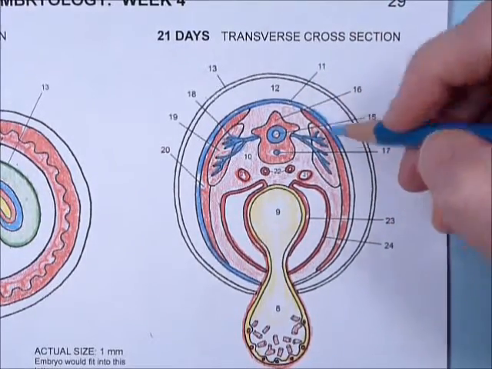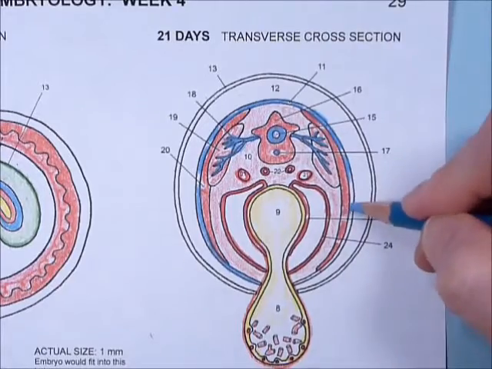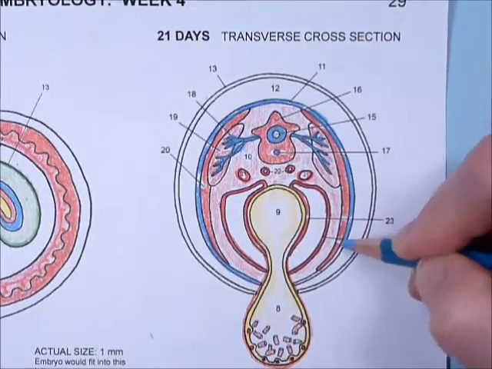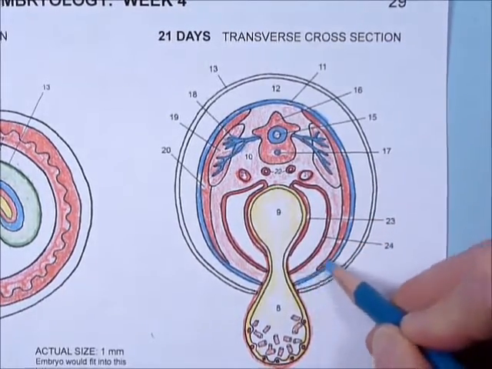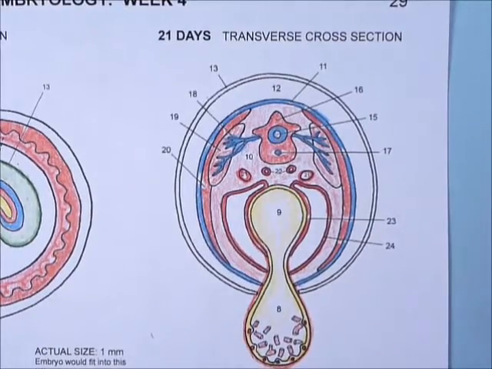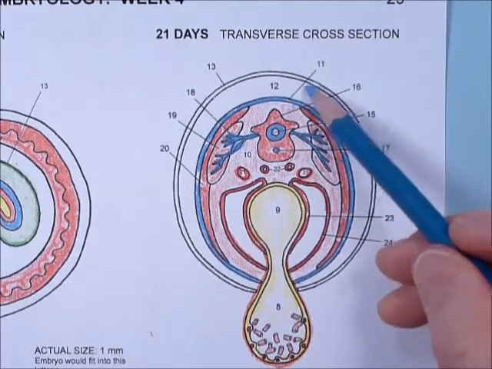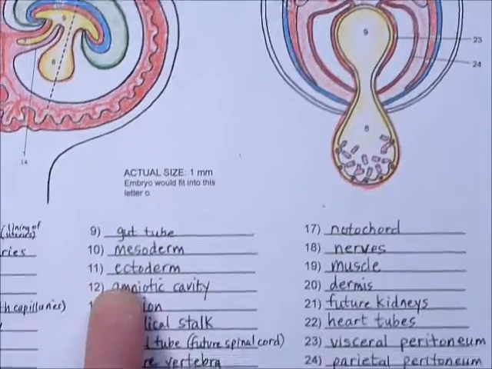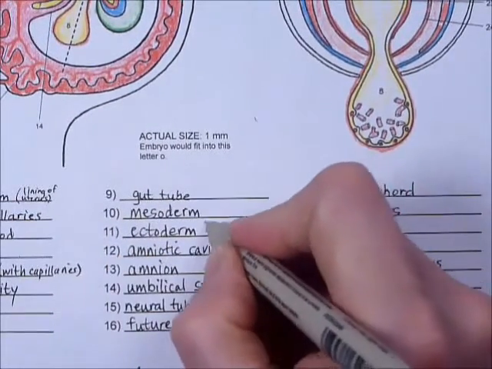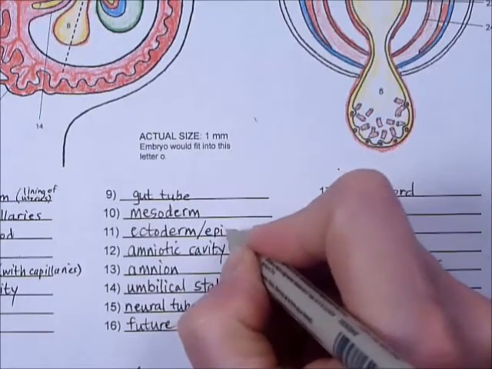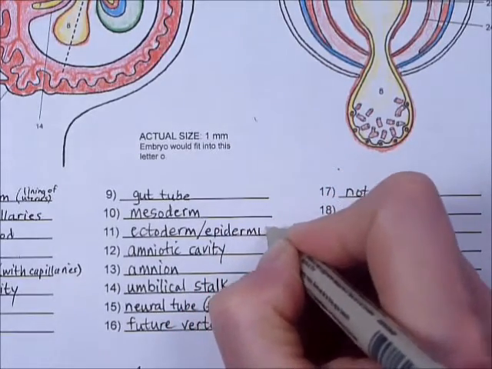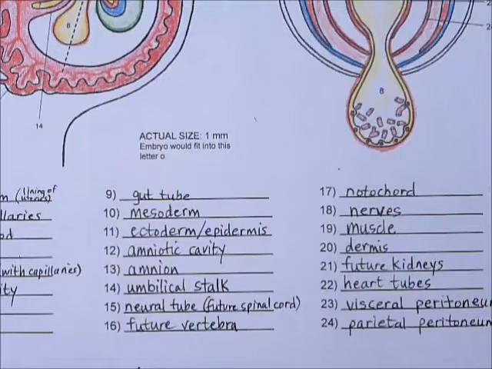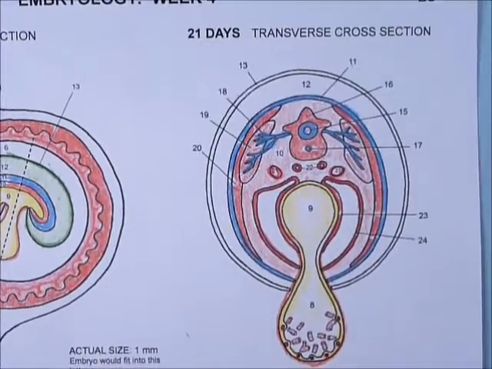The ectoderm is before it really differentiates into nervous tissue and epithelial tissues. So what's pointing to that? Number 11. So over here, ectoderm, we could add a little note, ectoderm/epidermis in that drawing. So we're actually ectodermis now.